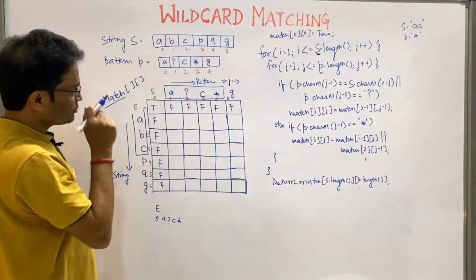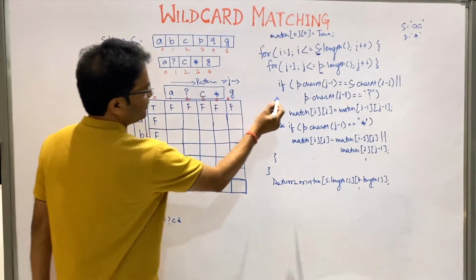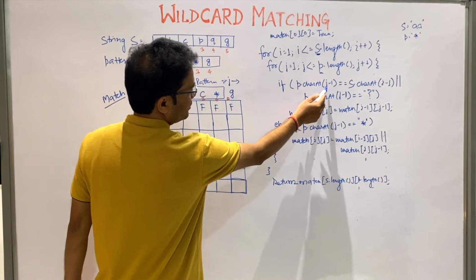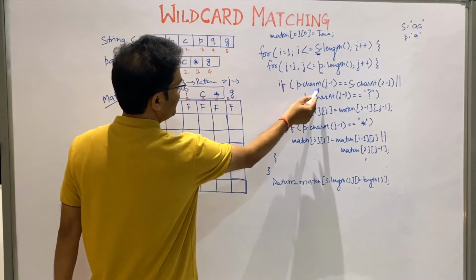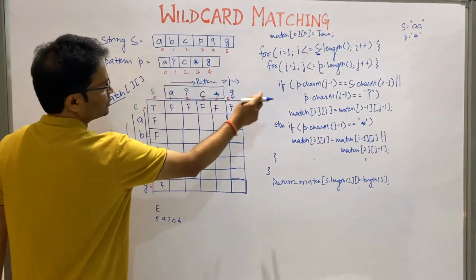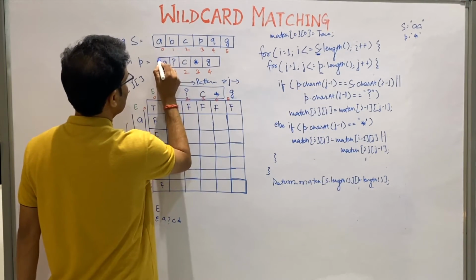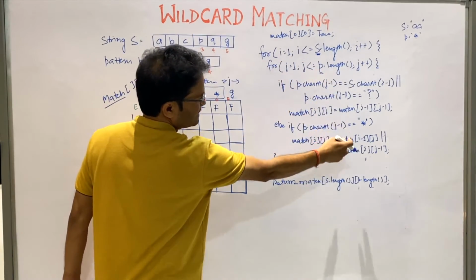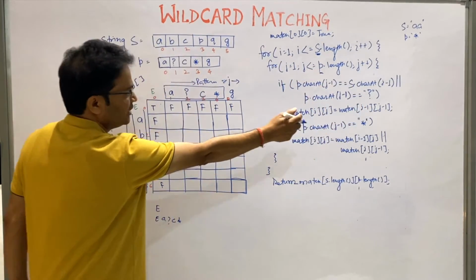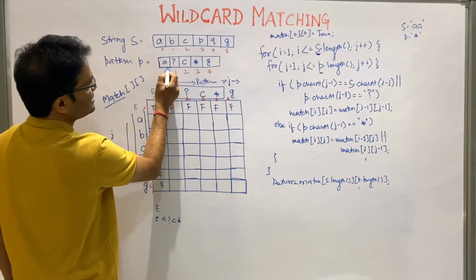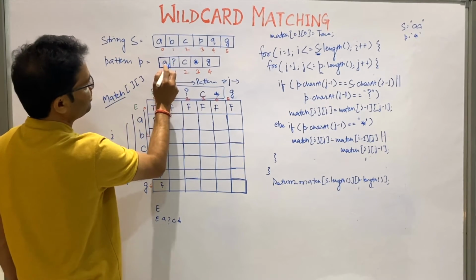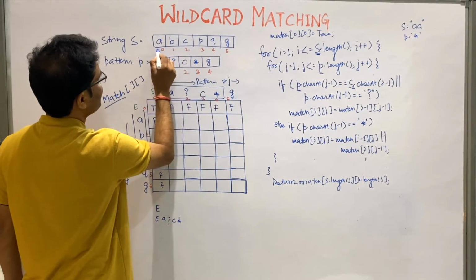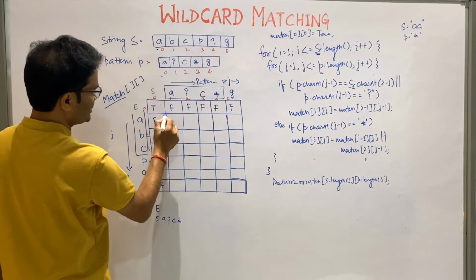Now I am saying that if pattern J minus 1, why did I do J minus 1? Because J starts from 1 and the pattern, if you see here, starts from 0, so I have to start from 0. And this starts from 1, that's why I always give minus 1, right? So if this is P and this is S, and it is matching, I am talking about this box, right?